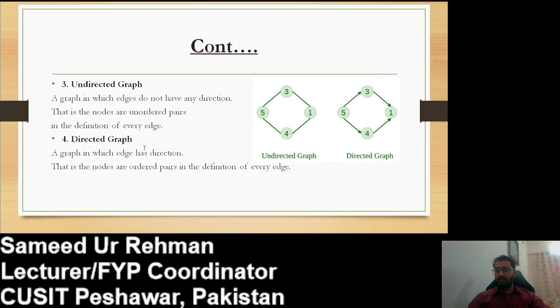While on the other hand, in a directed graph, we are restricted to traverse in a specific direction. A graph in which an edge has a direction, that is, the nodes are an ordered pair in the definition of every edge. For example, from node 3 we can only access this one. We cannot traverse anti-clockwise 3 to 5, then 4, then 1. While in an undirected graph, the ball is in our court. We can traverse either 3, 1, 4, 5 or 3, 5, 4, 1.